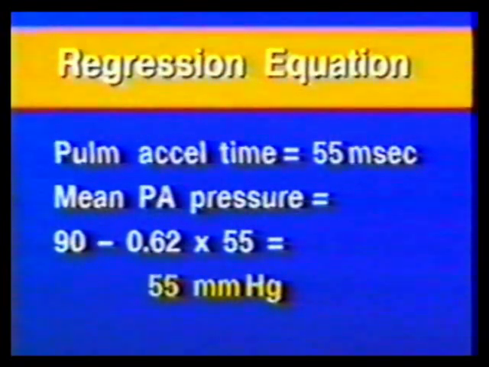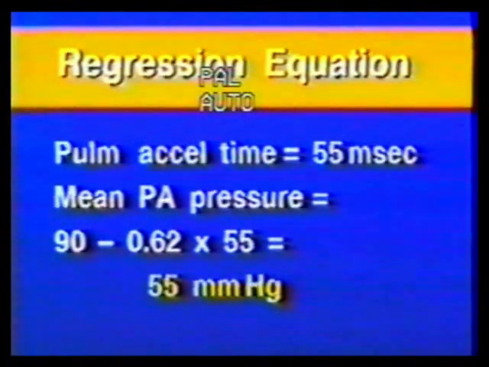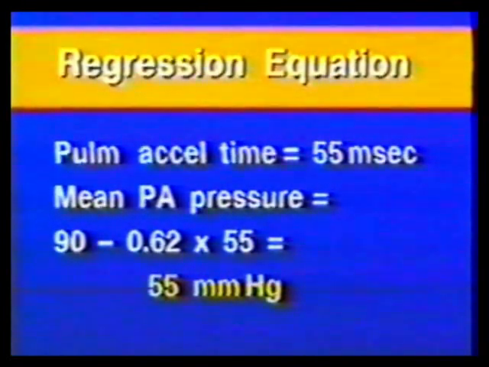She therefore has severe pulmonary hypertension secondary to mitral stenosis. As a rule, pulmonary acceleration times of 75 milliseconds or less correlate with severe pulmonary hypertension.